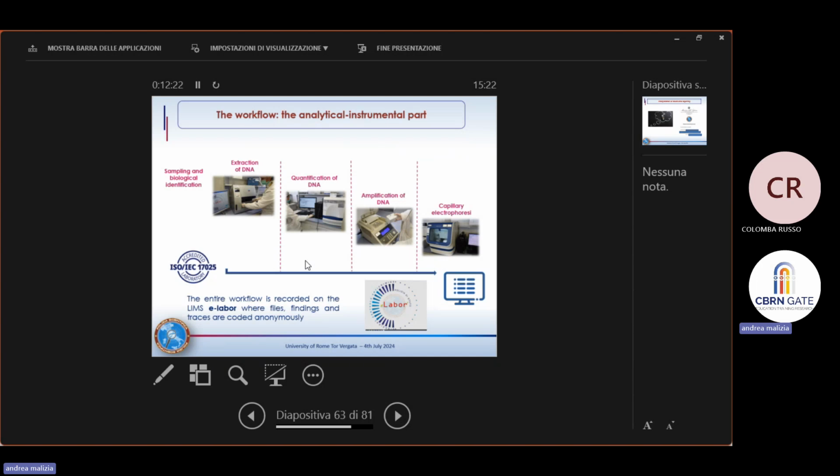Then the DNA is amplified. What does it mean to amplify the DNA? It means that the original DNA is copied in a sequential way until 1 million copies of that DNA.